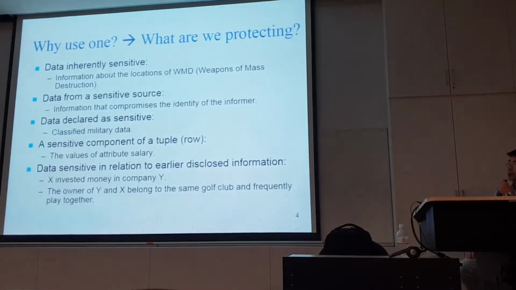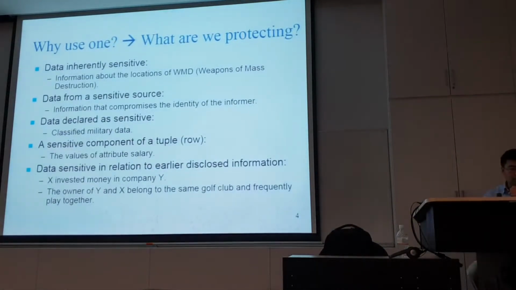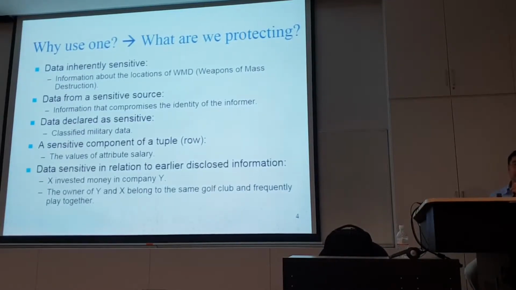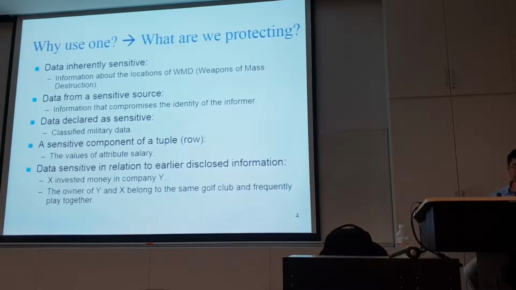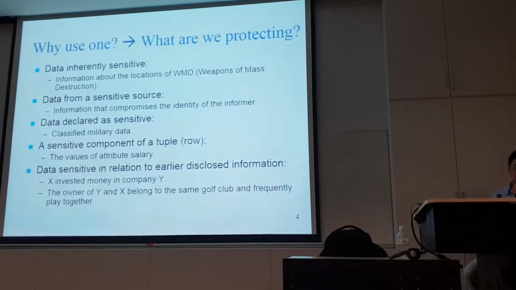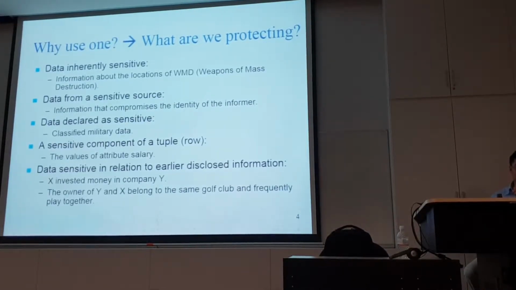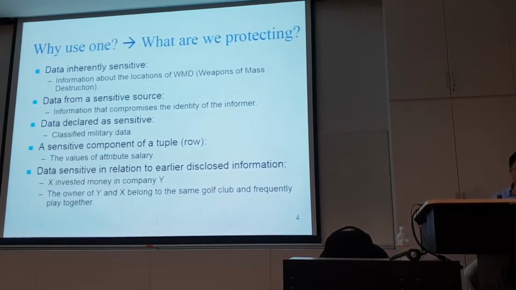So what kind of information do we want to protect? For example, some information may be sensitive by default, like where you store some weapons, or where the government stores nuclear weapons, right?